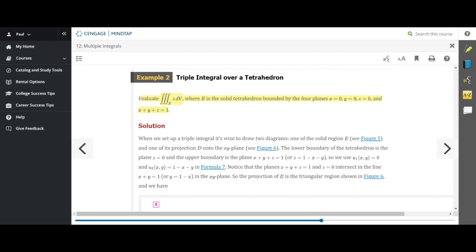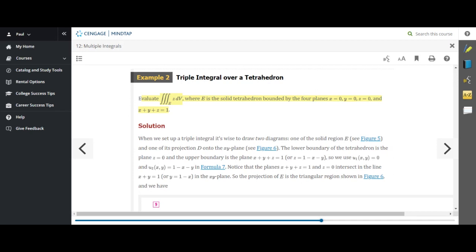Now, the plane x equals 0 is the yz plane. The plane y equals 0 is the xz plane, and the plane z equals 0 is the xy plane. Okay, so you got the bottom, the back, and basically, the coordinate planes are bounding this solid on the sides, but then you got the plane x plus y plus z equals 1.